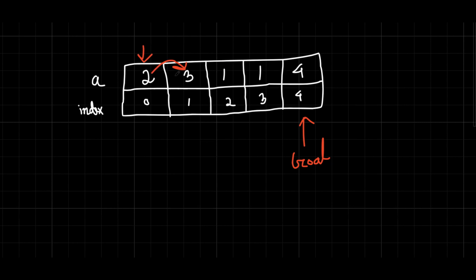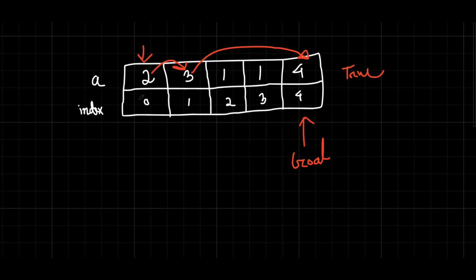Now, we can jump 1 step and reach the cell 3. Now from cell 3, we can jump either 0 step, 1 step, 2 steps, or 3 steps. So from here, if we jump 3 steps, we can reach the final destination. So that's why in this test case, we have to return true.